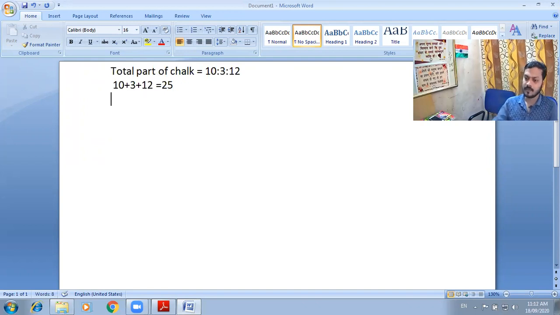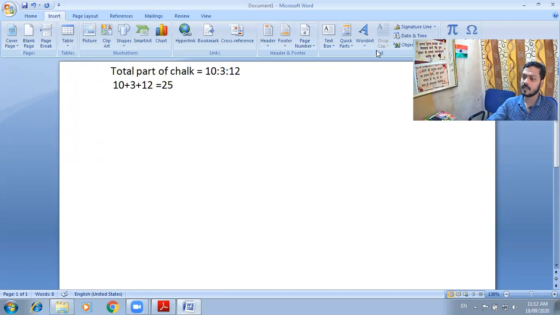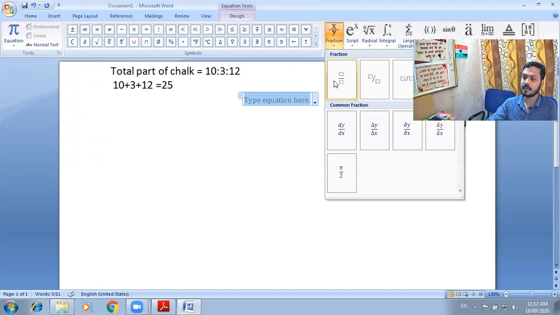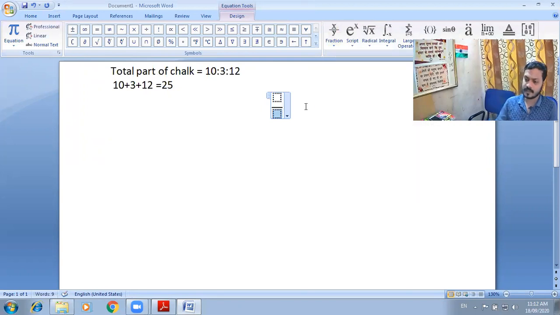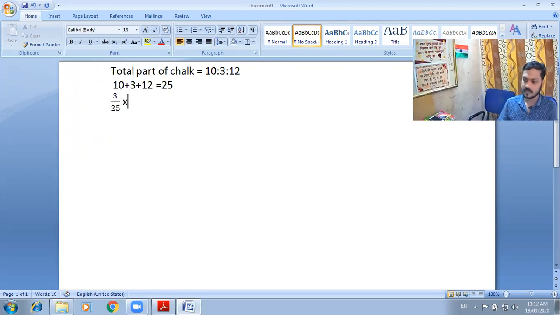After that we can find their percentage. We know how to convert a given ratio into percentage. Firstly write the value of carbon, that is 3, divided by the total amount, which is 25, then 3 into 100 and use the percentage symbol.